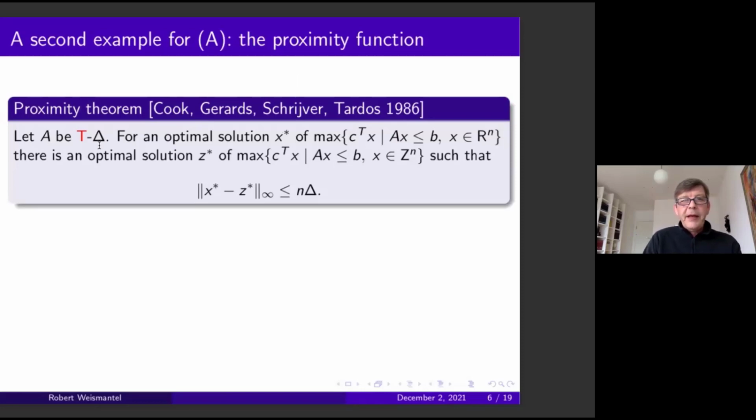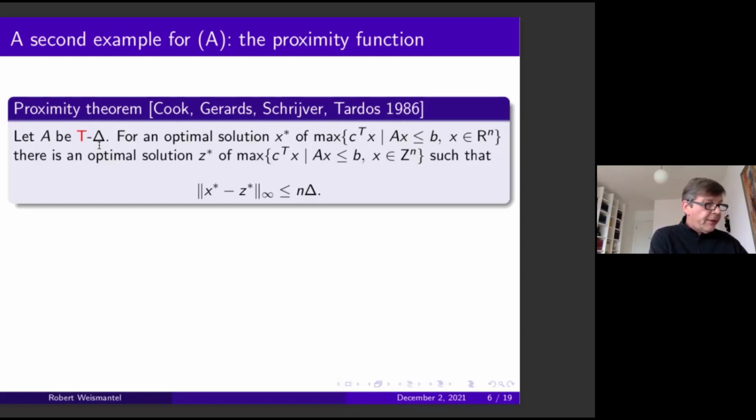Assume that A is totally delta modular, so all subdeterminants have an absolute value of at most delta. Then for an optimum solution x star of the linear programming relaxation, there always exists an optimal integral solution z star for the corresponding IP with the property that in the infinity norm, x star and z star deviate by no more than n times delta.